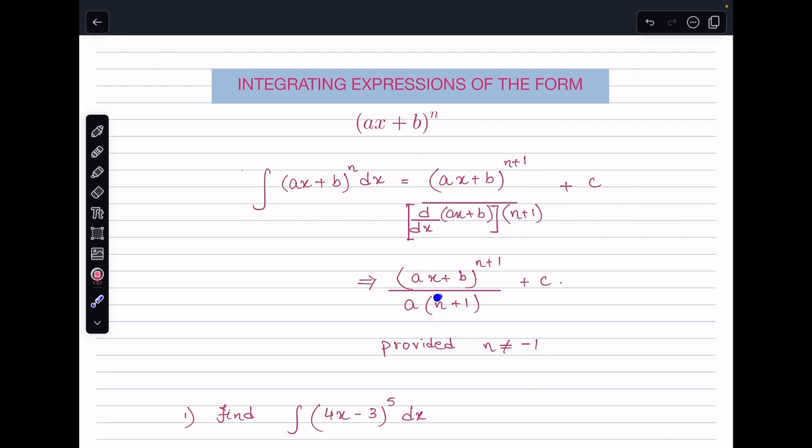If I substitute n with negative 1, the denominator becomes 0, and any number divided by 0 is undefined. So we should have the condition that n should not be equal to negative 1. So this is how we can integrate the linear expression raised to the power n. Let's start working on some examples.